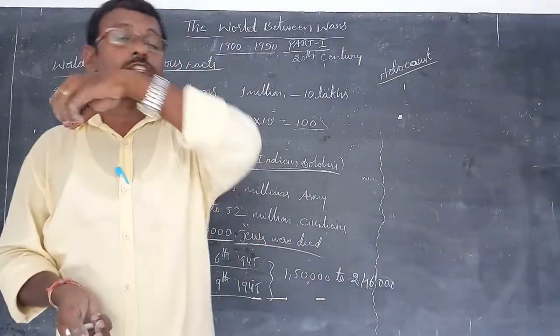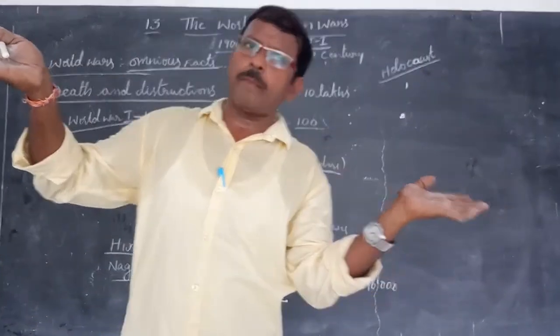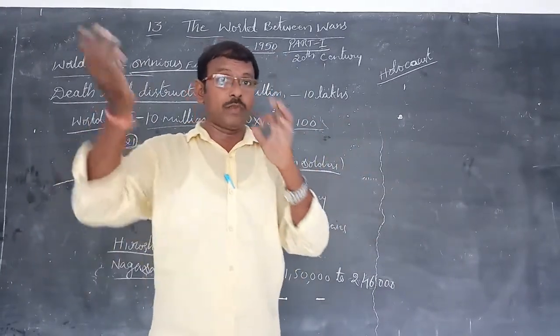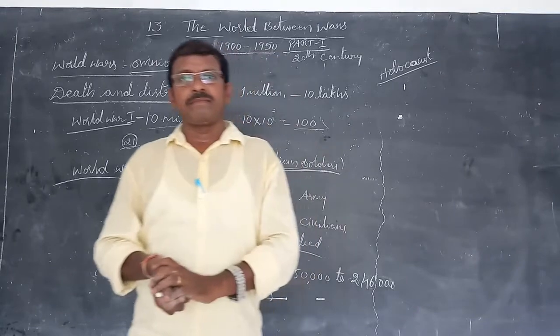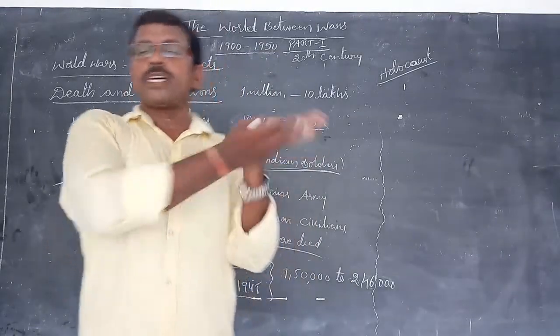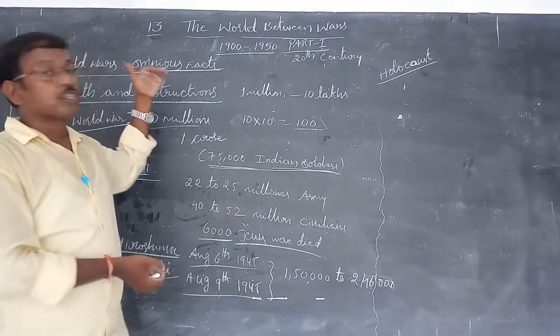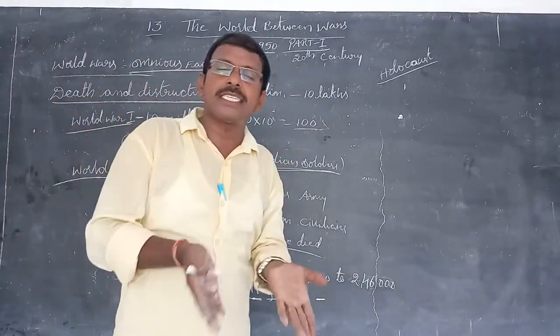Wars lasted long, 12 years, 20 years, even 100 years, but there were no such deaths and destructions, which were maximum in the First and Second World Wars. That's why we are discussing these wars.